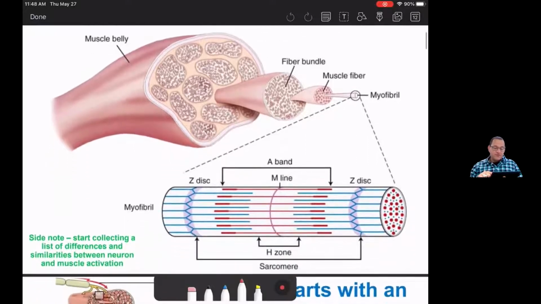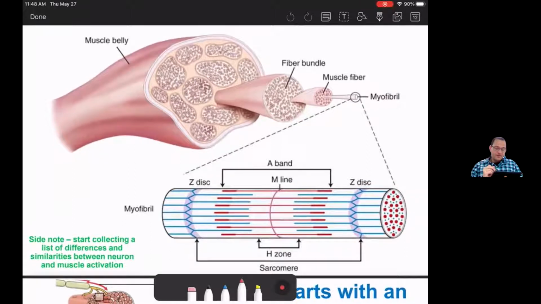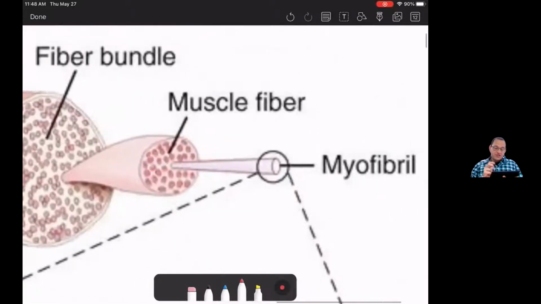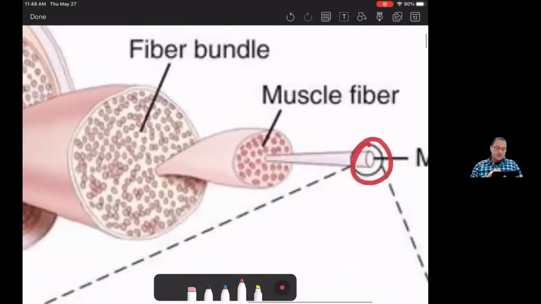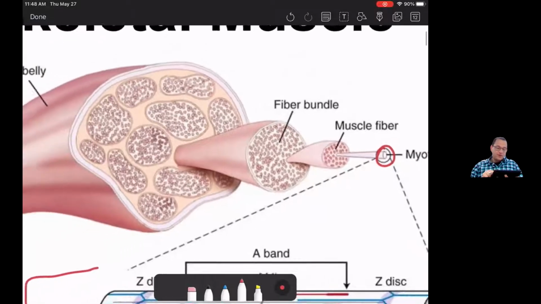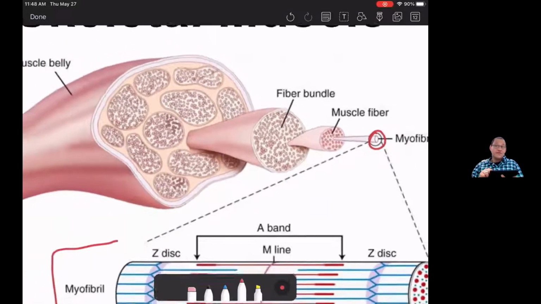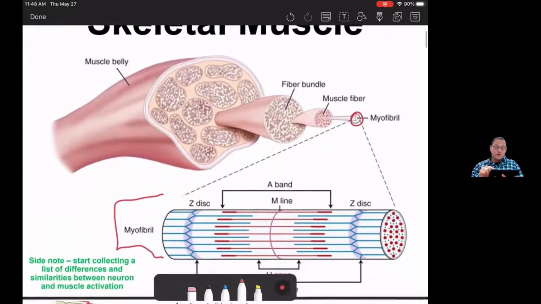Okay, so we've covered a lot and seen how each of these little things works. When you zoom in, you can see just how tiny these little myofibrils are, and how they bunch up in a muscle, and how when you recruit more of these, you're going to have a bigger response.